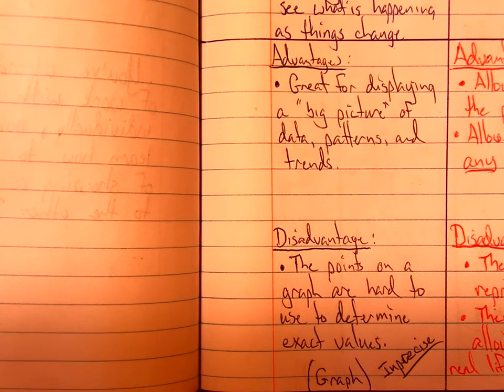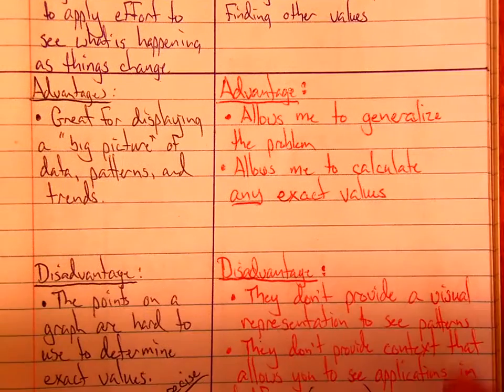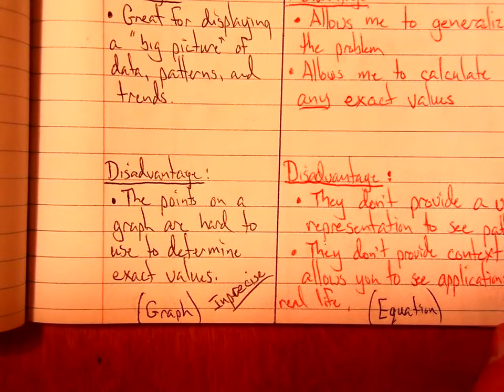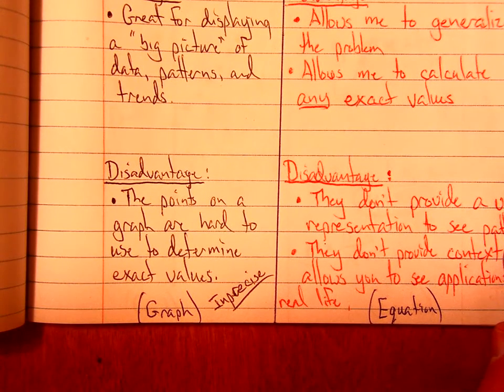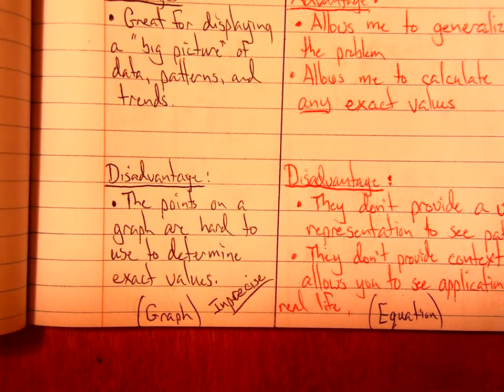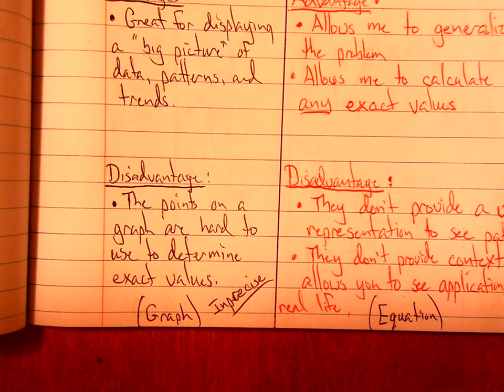And then equations. These are my personal favorite. An advantage of equations, they help me generalize a pattern, and they allow me to calculate exact values. Again, equations don't give you specifics towards a particular type of problem or a word problem. They don't make real-world sense often, where if you see an equation, you might not know how to apply it to the real world, especially at first. And that is a disadvantage.